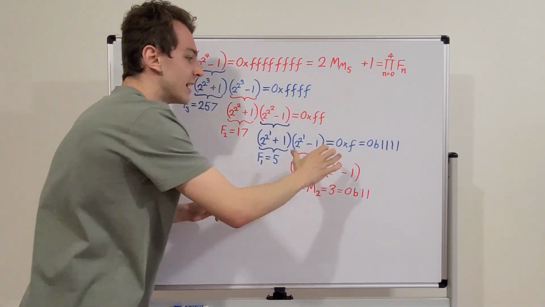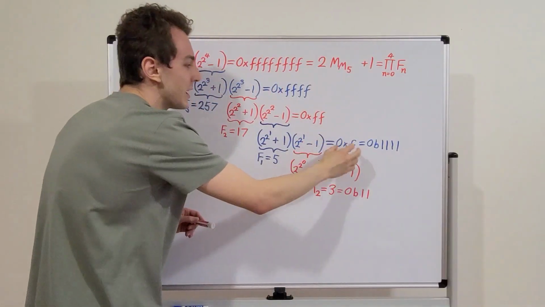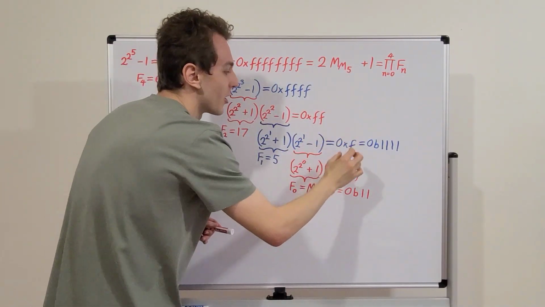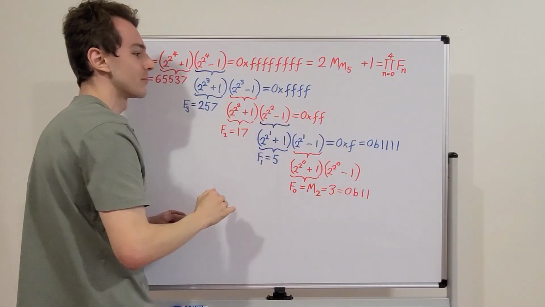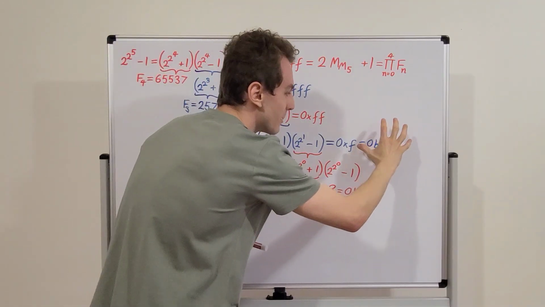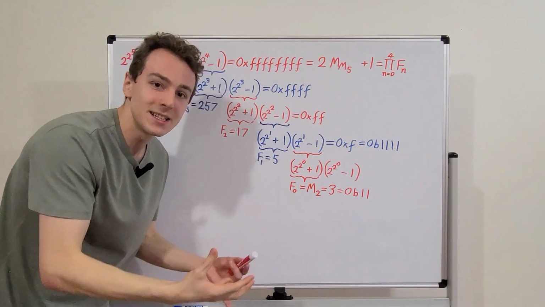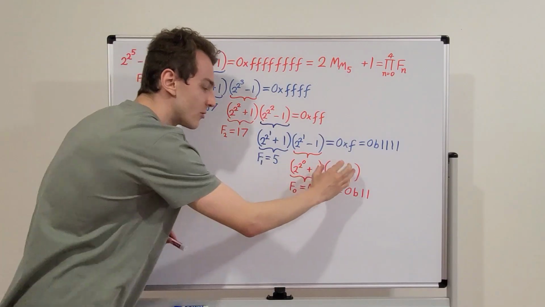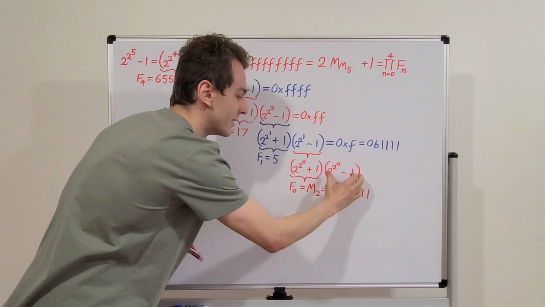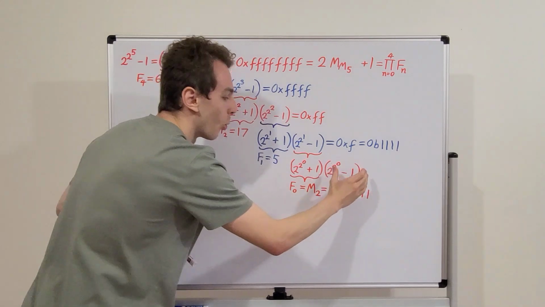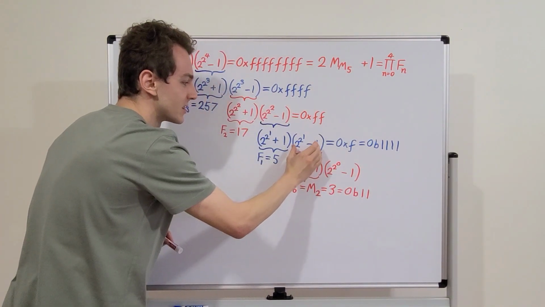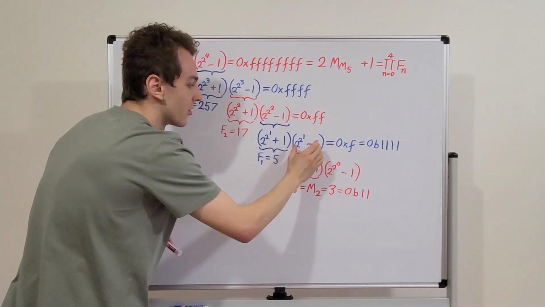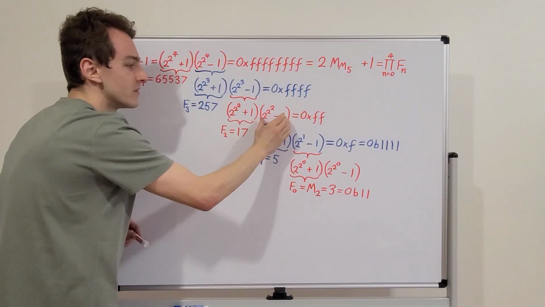And we can also see the relationship between these values and their hexadecimal representations. You can see that you can represent them in binary or in a more condensed hexadecimal format. So we terminate over here because we have reached 1. So we can see here we have 1 times 3, that gives us 3. And then this is 3 times 5, which gives us 15.